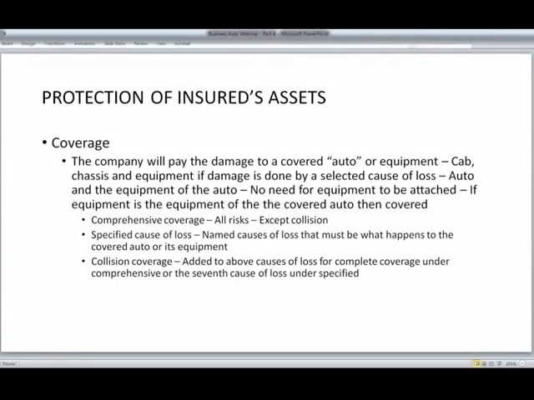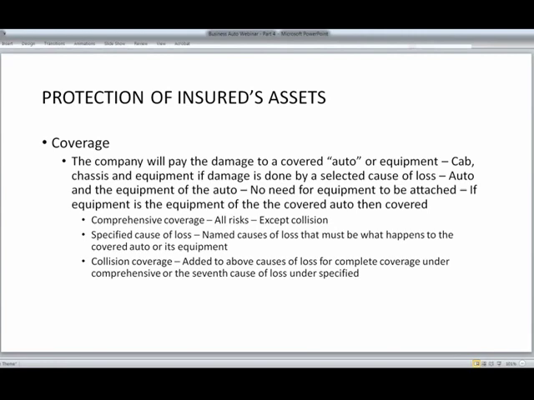And lastly, when a loss happens, you not only have two adjusters, but you have two deductibles and could have two causes of loss. So you want to cover all the equipment under one form or the other. It doesn't make for easy claim settlement if you split the equipment.